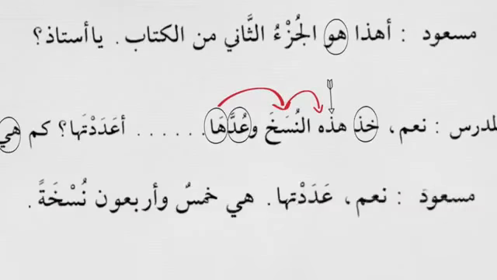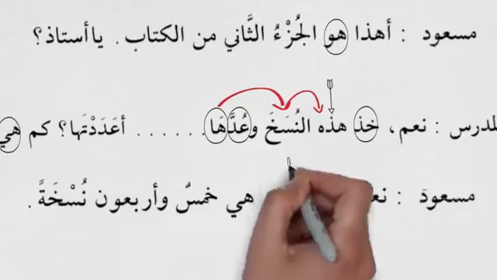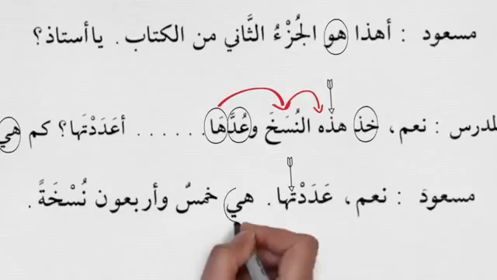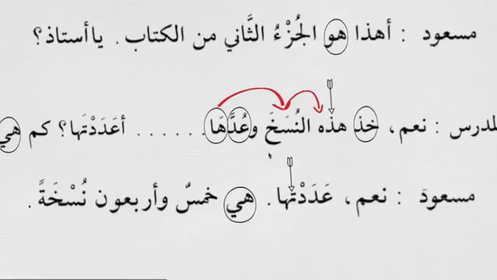So he says naam adattuha. So I counted them. And here, huma refers to nusakh, nuskhatun. They are khamsun wa arba'un. So we know the numbers. So it is 5 and 40, which is 45.